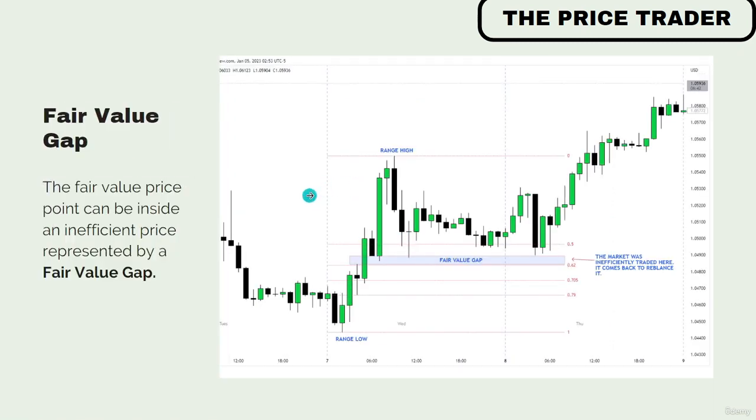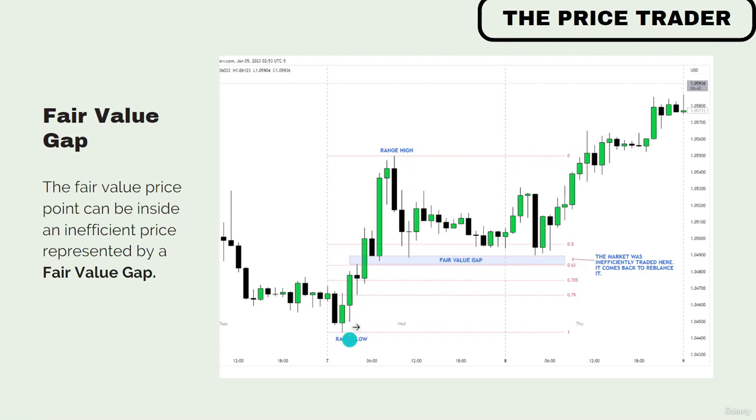A fair value gap, as we have outlined, is essentially a point inside price that has been inefficiently traded, represented by a fair value gap. We'll be defining exactly what a fair value gap looks like. But in this example, I've outlined this gap that I've represented as the fair value gap.